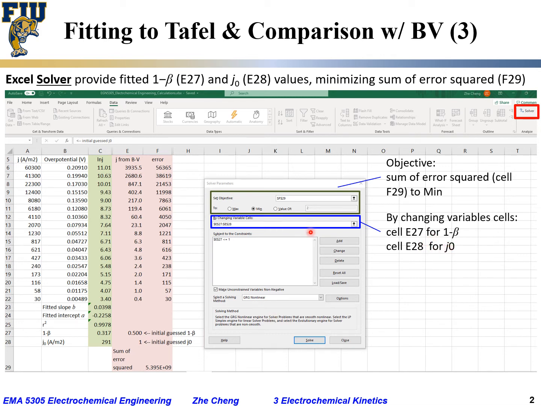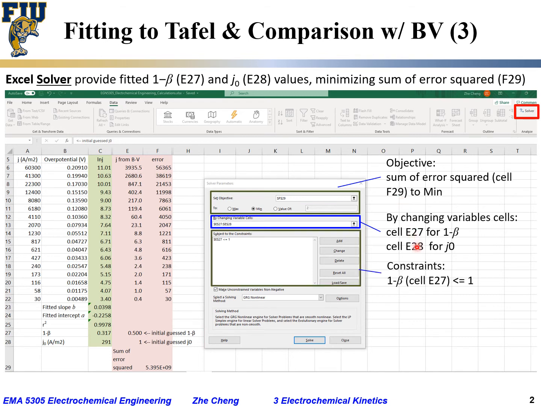So these two cells would be the parameters to be fitted. Excel would change systematically the values for these two cells in order to reach the objective, which is to minimize the sum of error squared, the cell F29 value, by changing these two cells.